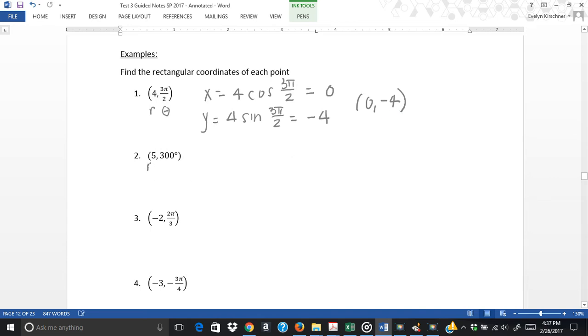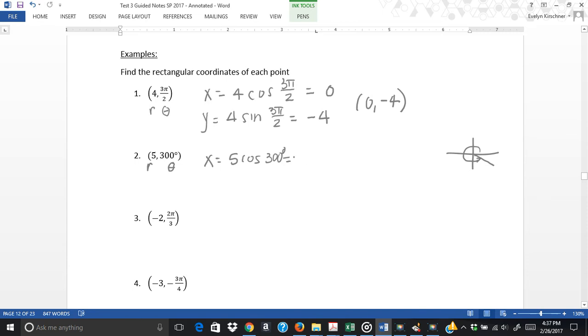Here, my r is 5 and my theta is 300 degrees, so x equals 5 times the cosine of 300 degrees. Well, the cosine of 300 degrees is 1/2. Think about where it is. 300 degrees is down here, goes all the way over to here.